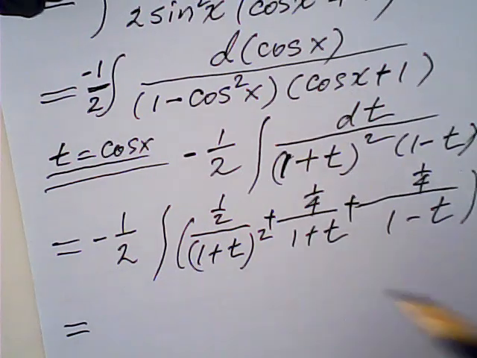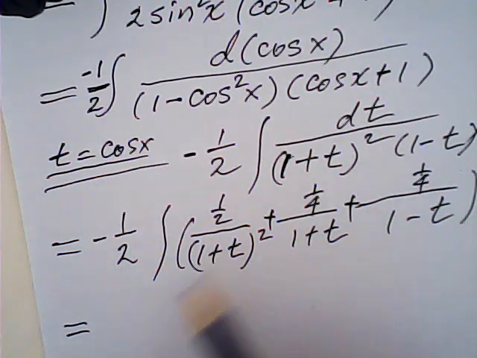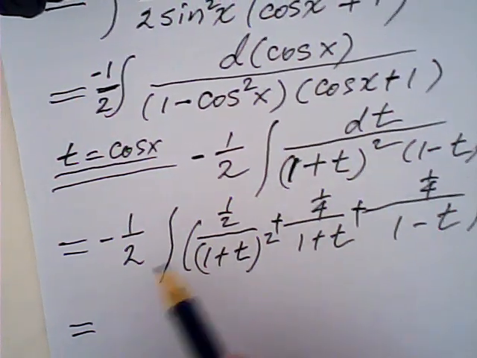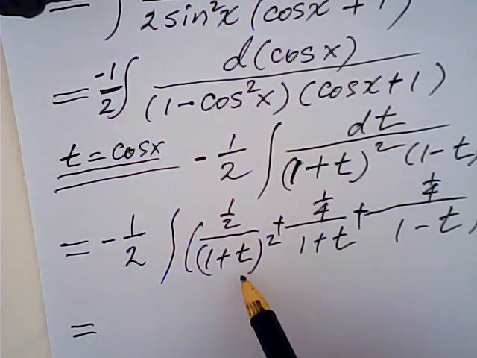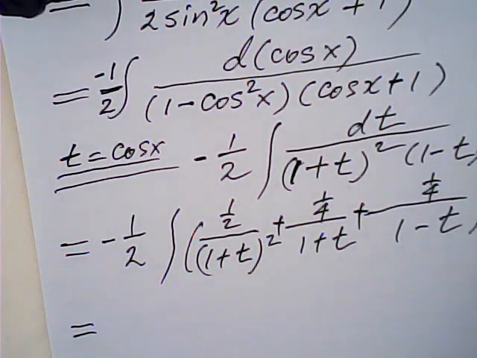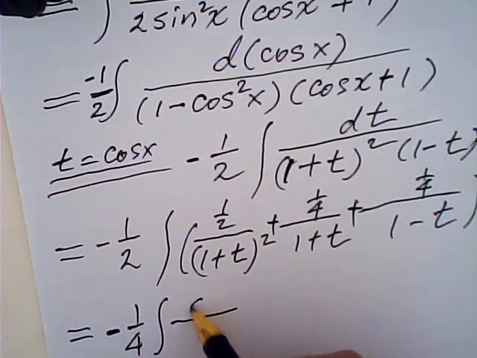Then this one is equal to, well, this becomes negative, dt over this is, not jump, okay, negative 1/4 dt over 1 plus t squared.